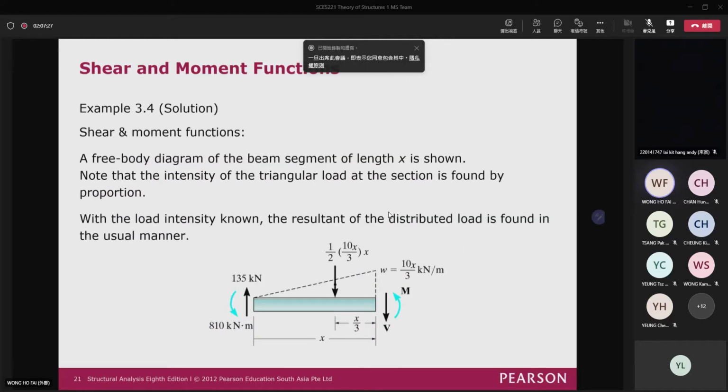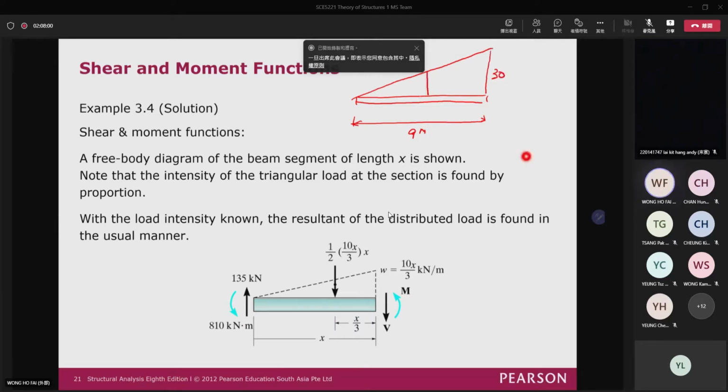And afterward, you can find the functions by cutting an arbitrary section at a distance of x. To do that, you also need to know the loading applied at location x. So right here, assume that the length of the section is equal to 9 meters, and this is the distributed load, with a value equal to 30 in this case.